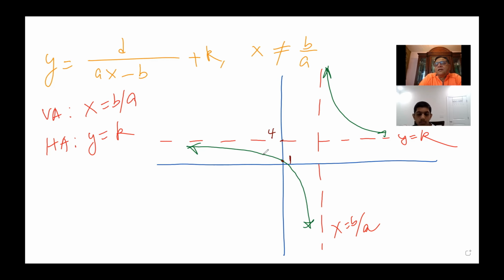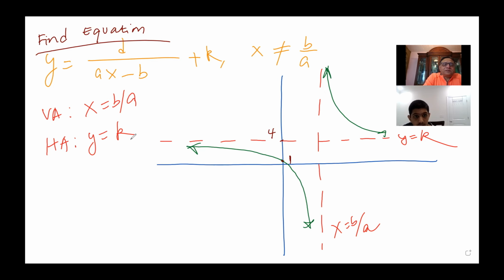Yeah. Can you tell me the equation of this function? Okay. Yes. Find equation. So this time what we have done, we are doing the reverse. We already have a graph, and from the graph we will find the equation.